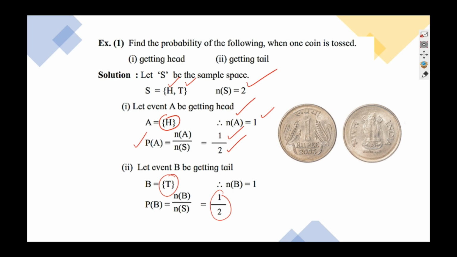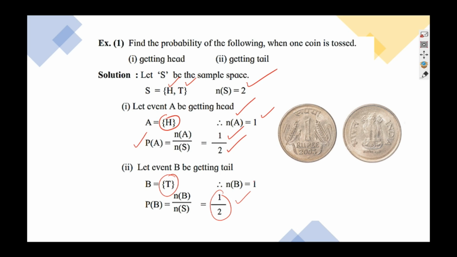So when we talk in layman terms, it is a 50% chance. 50% is 1 upon 2. If you convert 1 upon 2 into percentage, you will get 50%. Right? Half the chance you will get head, otherwise you will get tail.